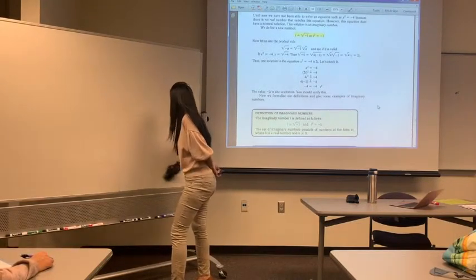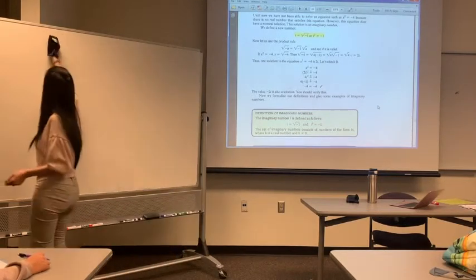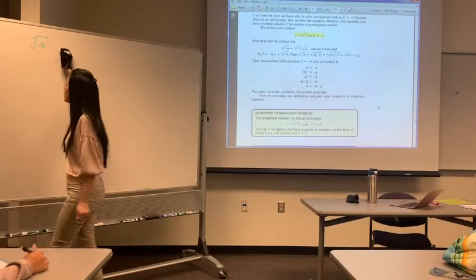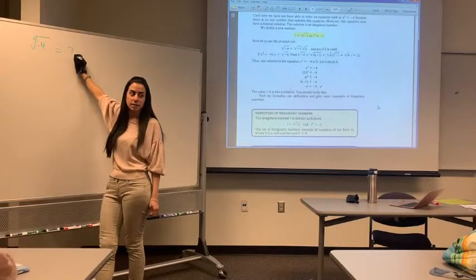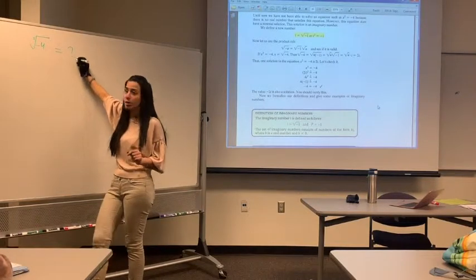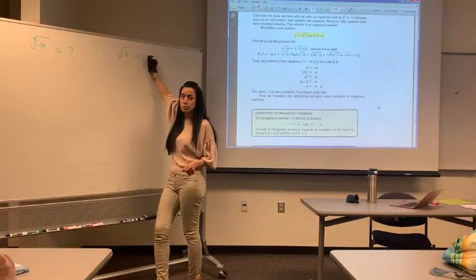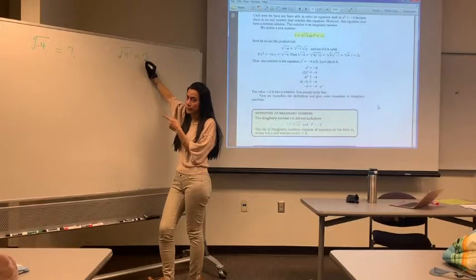So for example, if we had radical negative 4, because the index is 2 here, we couldn't answer this. We said the answer is not a real number. But if it was radical 4, what is the answer? 2, correct?